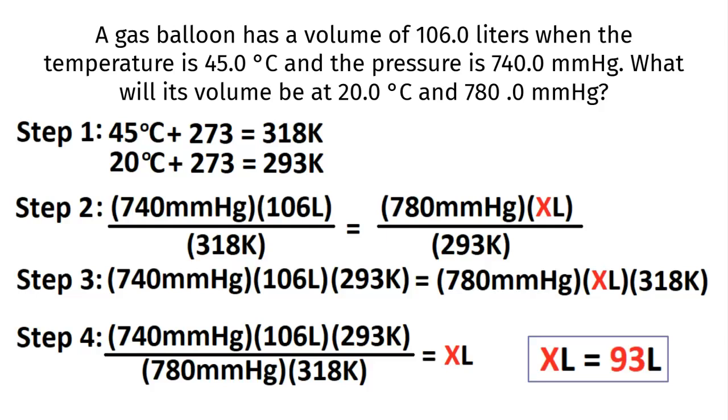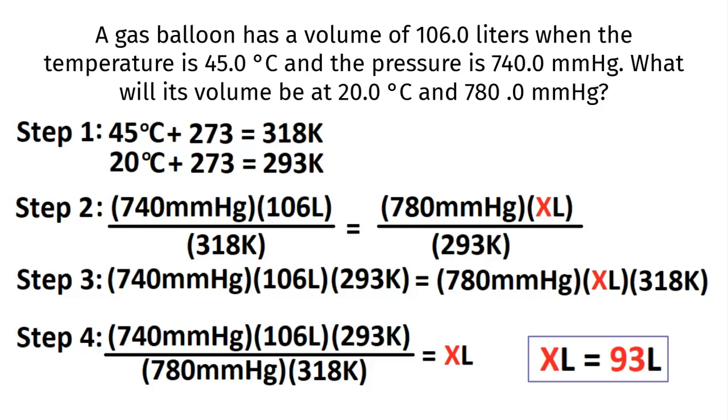A gas balloon has a volume of 106 liters when the temperature is 45 degrees Celsius and the pressure is 740 mmHg. What will its volume be at 20 degrees Celsius and 780 mmHg?